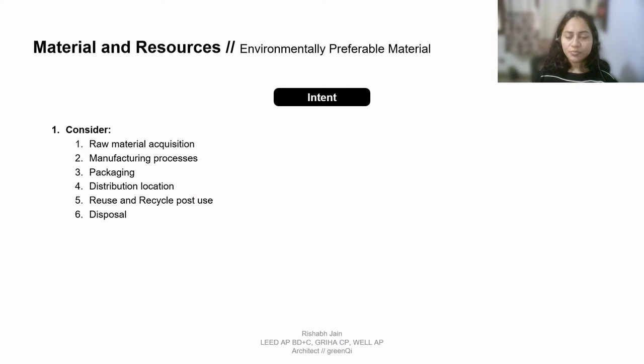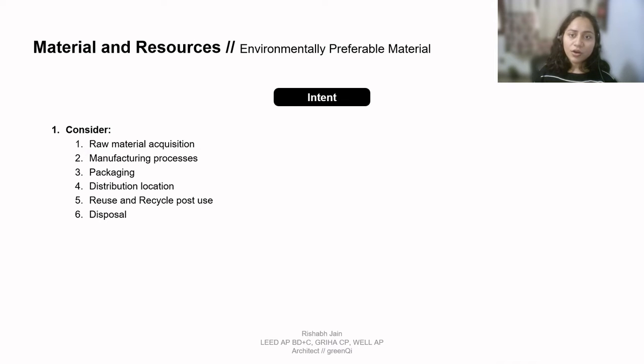Is the process very energy intensive? That's something we should be looking at. Third is packaging. Is the packaging of the material sustainable? Are we having plastic as a packaging material, for example? That's a very minute but important aspect of a material. And then you have distribution location.